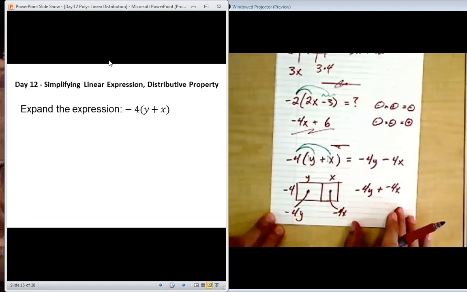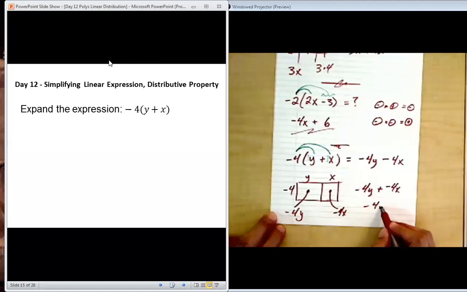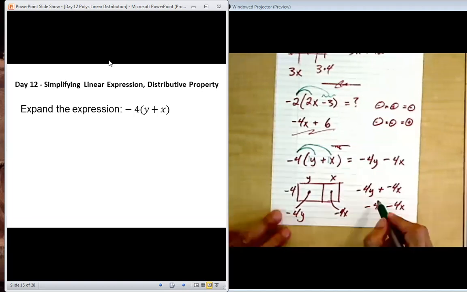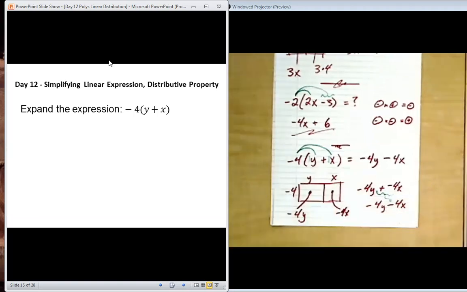But what I want you to notice is that adding a negative like this is the same as subtracting. Adding a negative ends up being just subtraction like that.